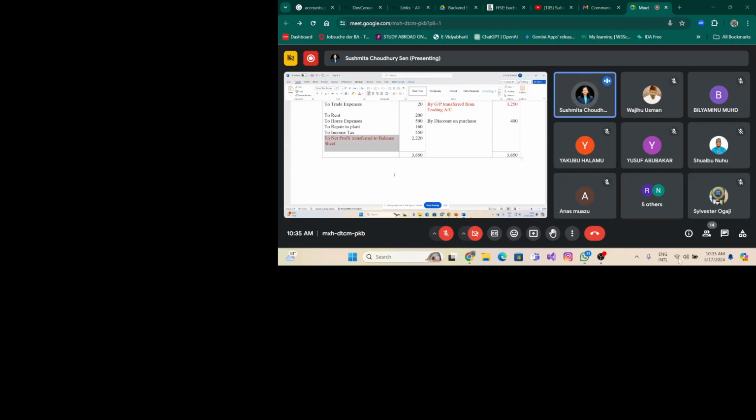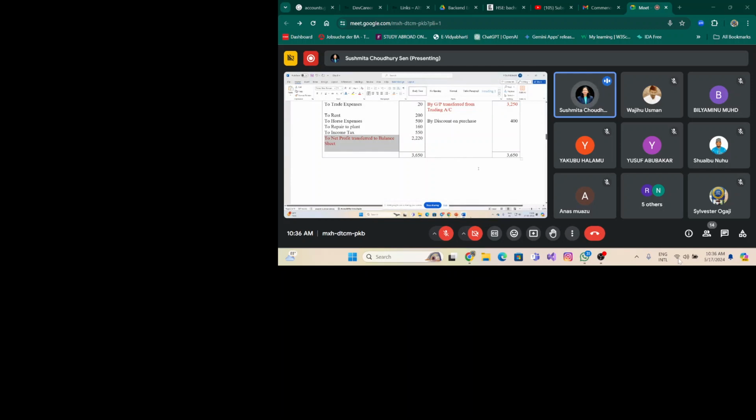After preparation of these accounts only, you can prepare the balance sheet. Remember how many steps we have learned till now: first journal entries, then expenses, then trial balance, then trading account, and now profit and loss account.